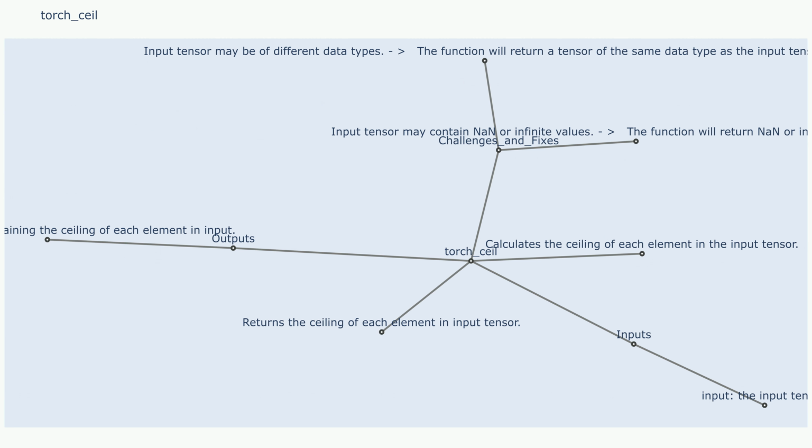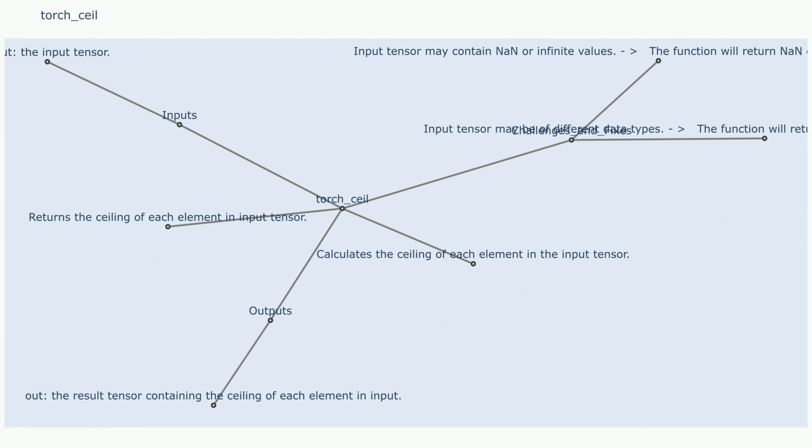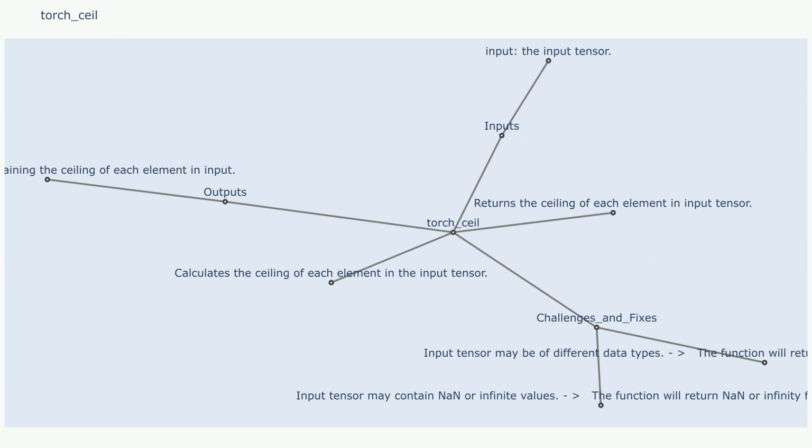Steps. Step 1: for each element in the input tensor, it determines the smallest integer greater than or equal to that element. Step 2: it creates a new tensor with the same shape as the input tensor and populates it with the calculated rounded up values. Challenges and fixes. Challenge 1: handling NaN values.